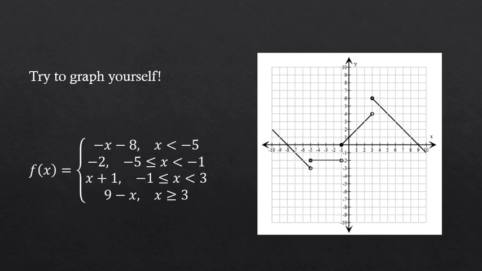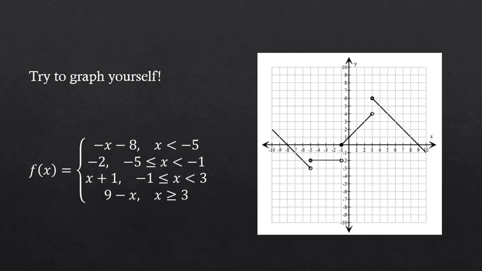X plus 1 for x greater than or equal to negative 1 and strictly less than 3. And then 9 minus x for x greater than or equal to 3. Now, note that on this graph, where we have these dots, some of these dots are filled in and some of those dots are hollow.